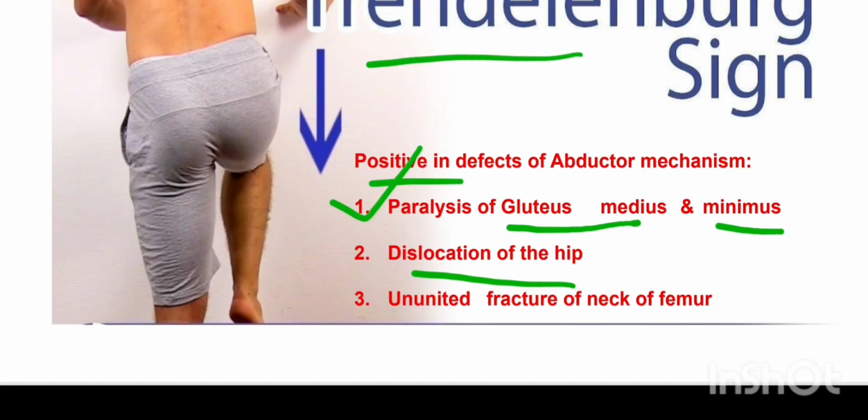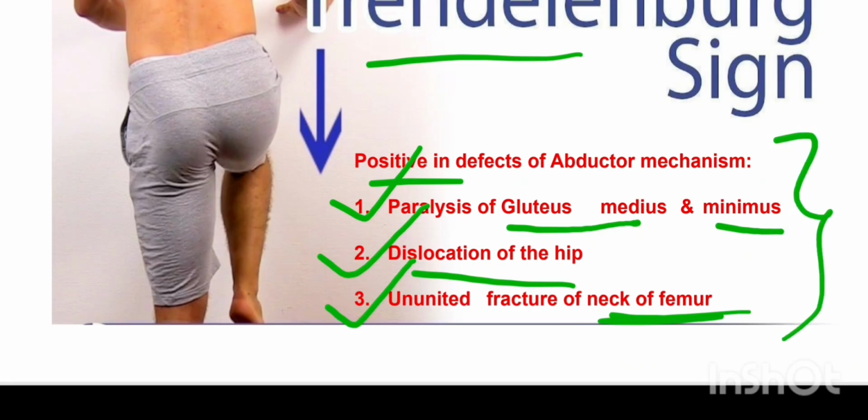When there is dislocation of the hip, and when there is a fracture of the neck of the femur, all these indicate a positive Trendelenburg sign.